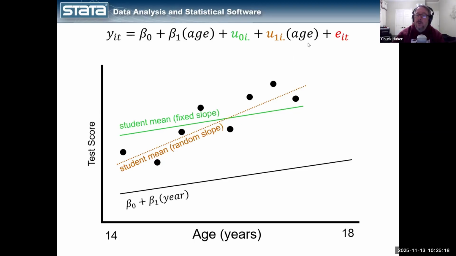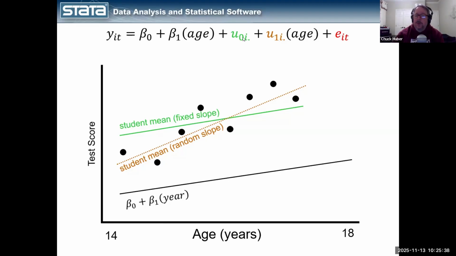So we're going to add another random term to our model here. So now we have U0 I dot and we have U1 I dot. What this is if we look at the left-hand side, beta 0 plus beta 1 age is essentially the average slope or the average regression line for everyone in the data set.